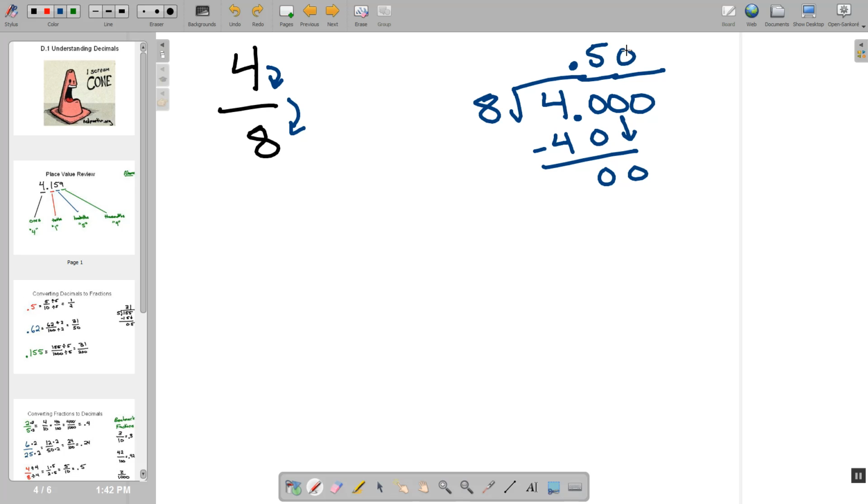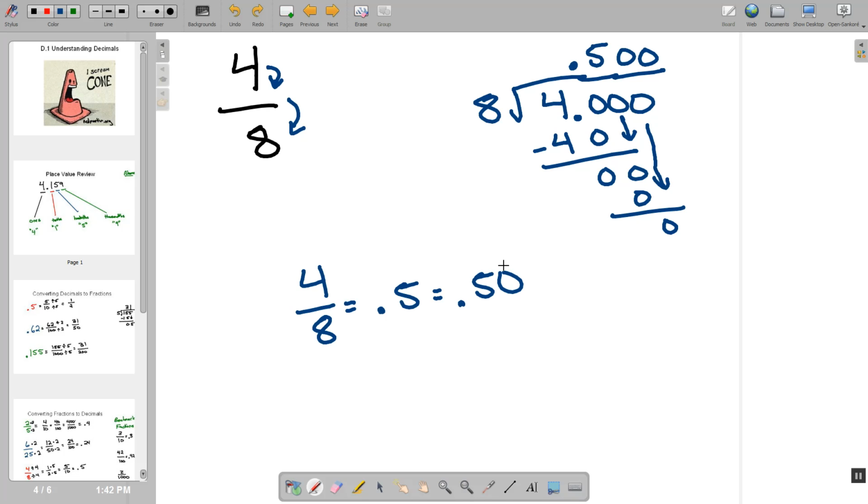We bring down our first 0, and we bring down our next 0. And so what we end up getting is 4/8 is the same thing as 5/10 or 50/100 or 500 thousandths. So this right here, this is long division.